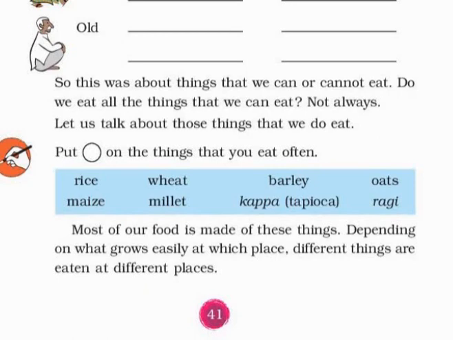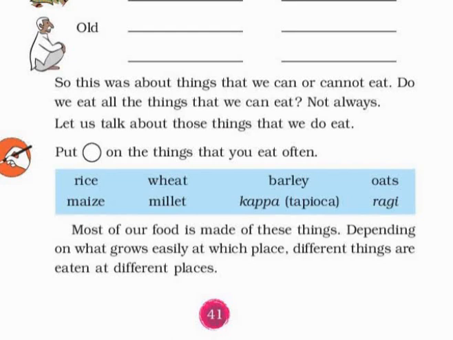Do we eat all the things that we can eat? Not always. Let us talk about those things that we do eat. So students, up to here we have seen that some of the things we can eat and some of the things we cannot eat.